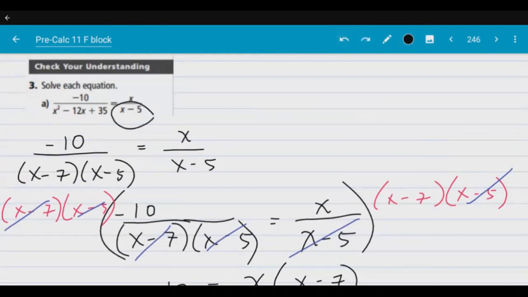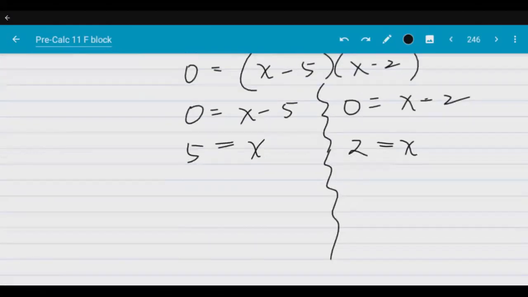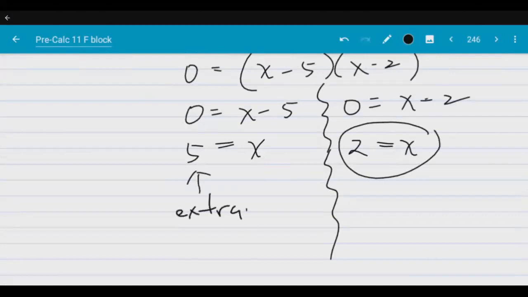But x equals 5 is not okay for this one. Therefore, the only answer is x is equal to 2. This is extraneous, because it's a non-permissible value.